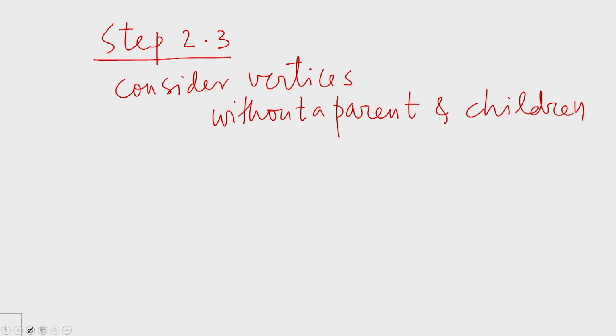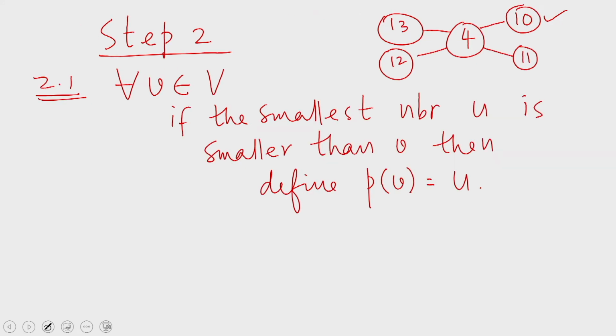So remember, in step 2 1, we did not succeed in finding a parent for every vertex. This was a counter example. If a vertex was surrounded by all larger vertices, then it is a local minimum and therefore will not choose a parent in this step. So all local minima are without parents after step 2 1. Every other vertex has chosen a parent.